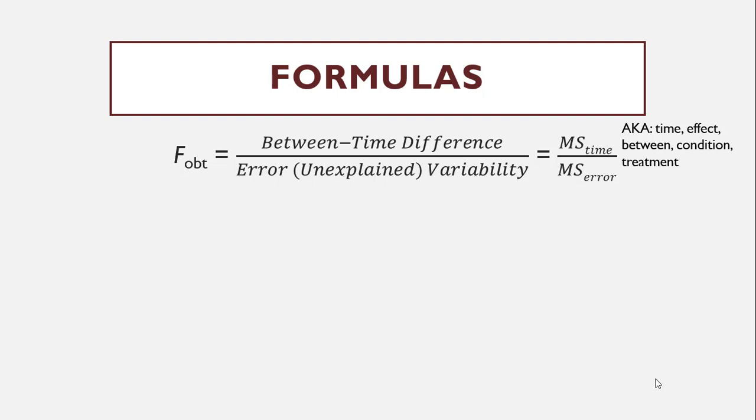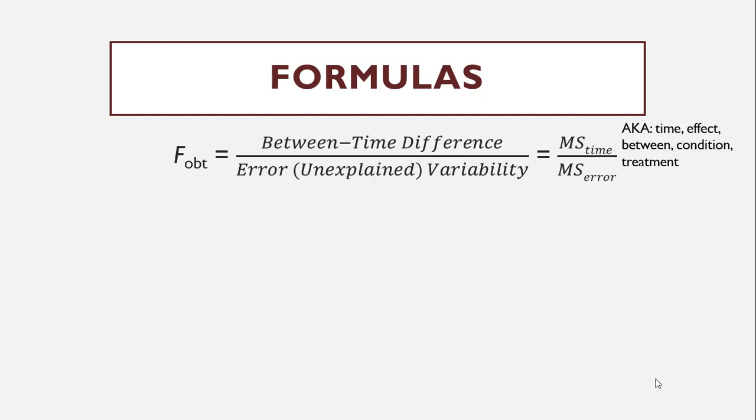We're going to divide that by the error or the unexplained variability. And this is different from the error term that we used before a little bit, because now we're partialing out the error or the variability that is due to the subject. So ultimately, if we look at within subjects versus between subjects ANOVA, the within subjects ANOVA should have more power.